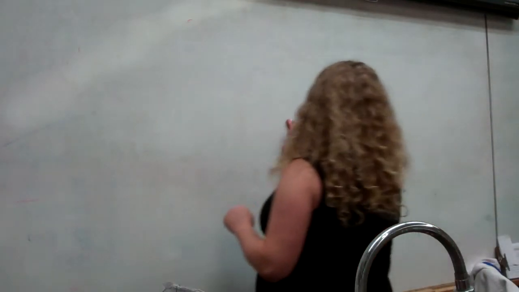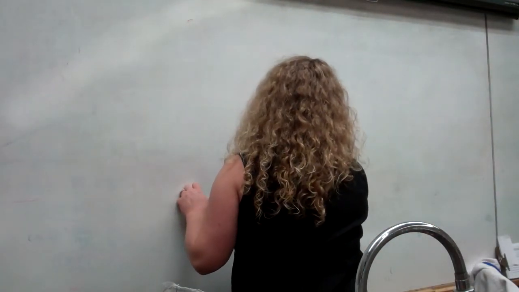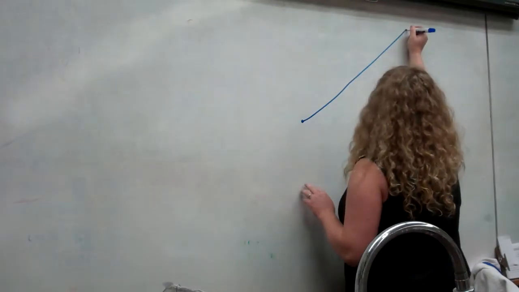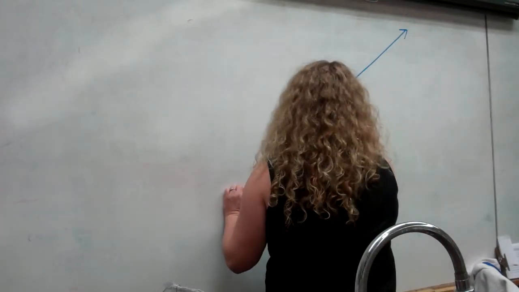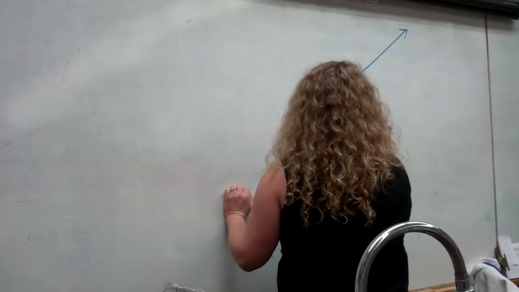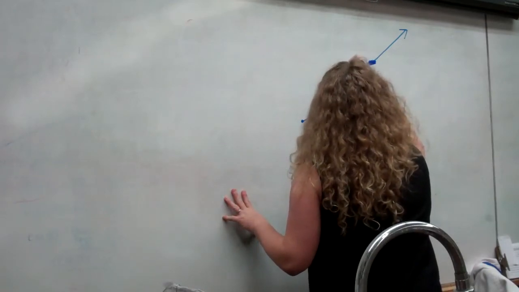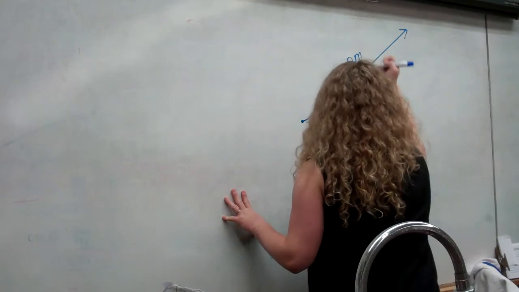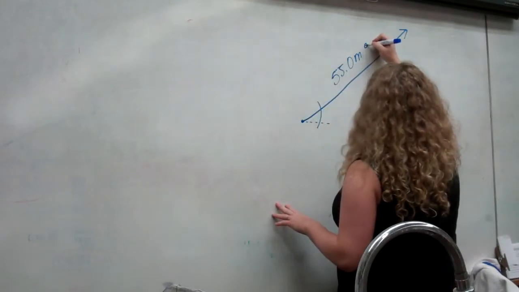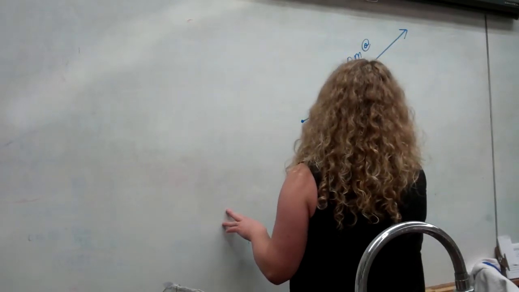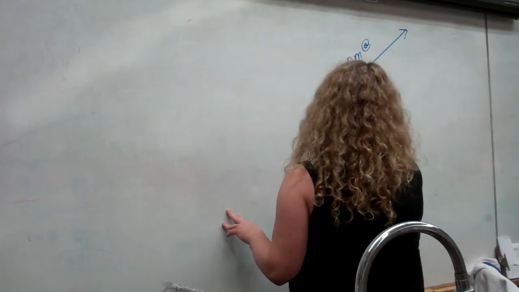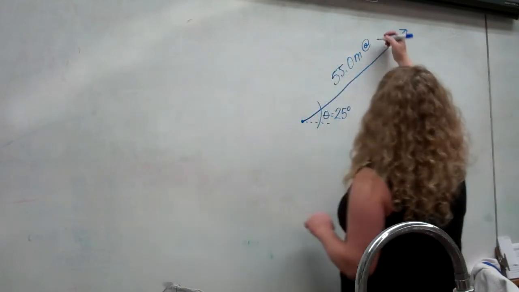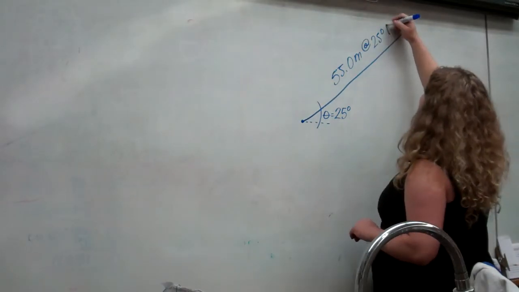Okay, let's say we're actually given a resultant vector. So I have somebody who is traveling 55.0 meters at 25 degrees north of east.